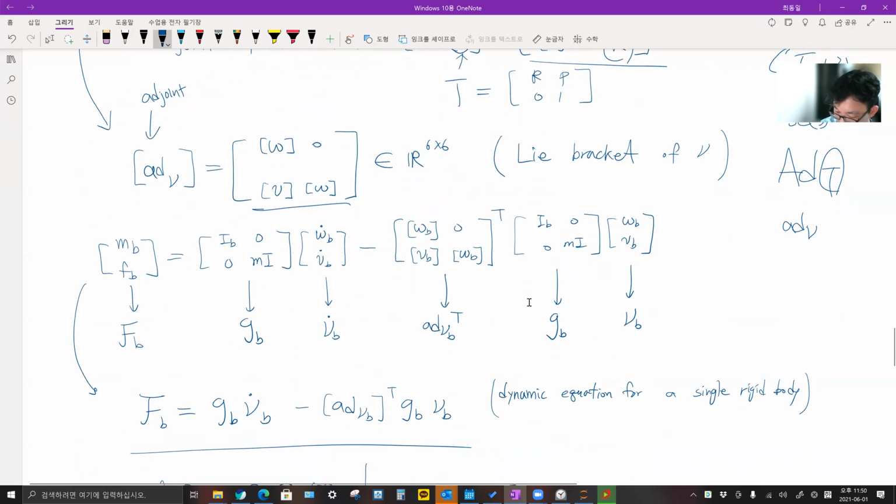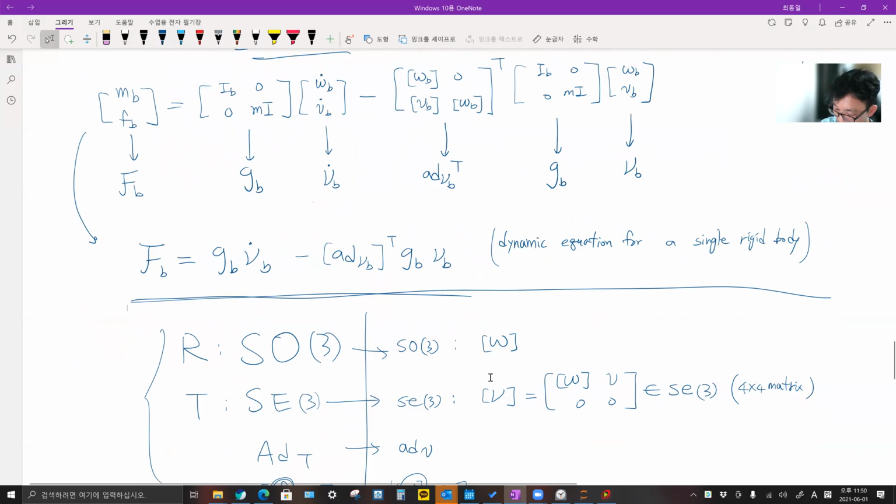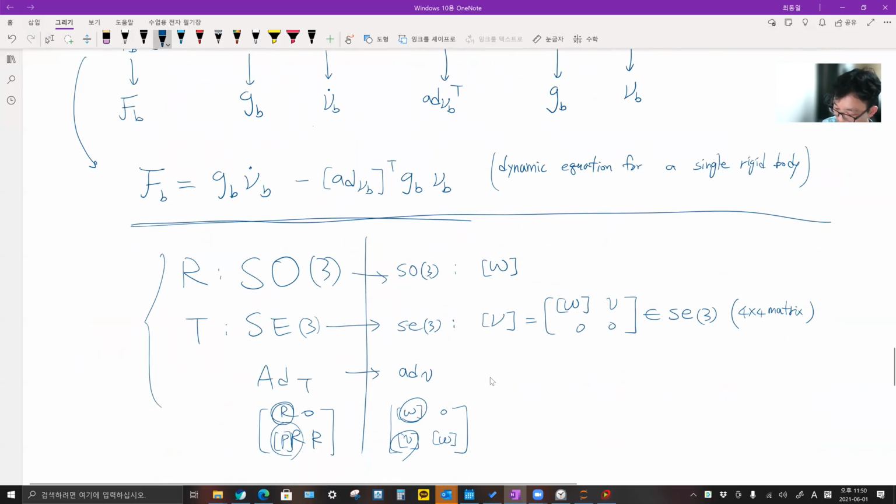So this wrench equation becomes: wrench B equals GB multiplying the time derivative of twist, plus the small adjoint, which we call the Lie bracket of twist B, and then GB twist B. So finally, this equation is the dynamic equation for a single rigid body.